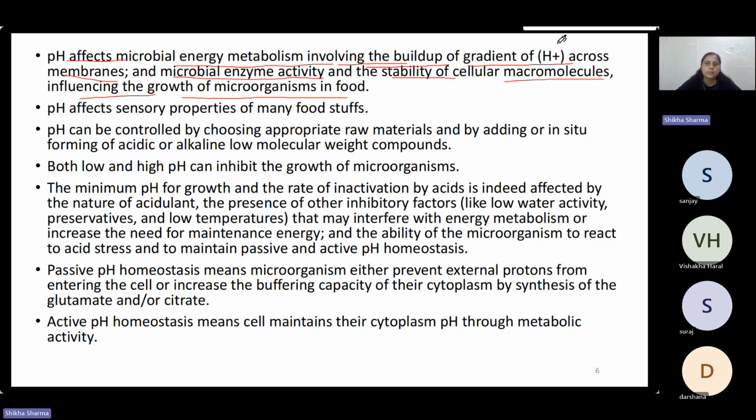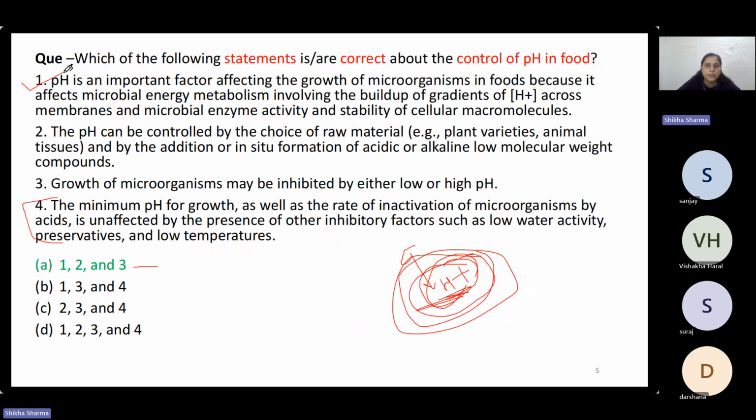Since H plus ion is coming inside the cell, the microorganism has to invest energy to maintain the homeostasis condition or balance the pH, so that its microbial enzymes, proteins and other cellular macromolecules will not be influenced. pH affects sensory properties of many foods.